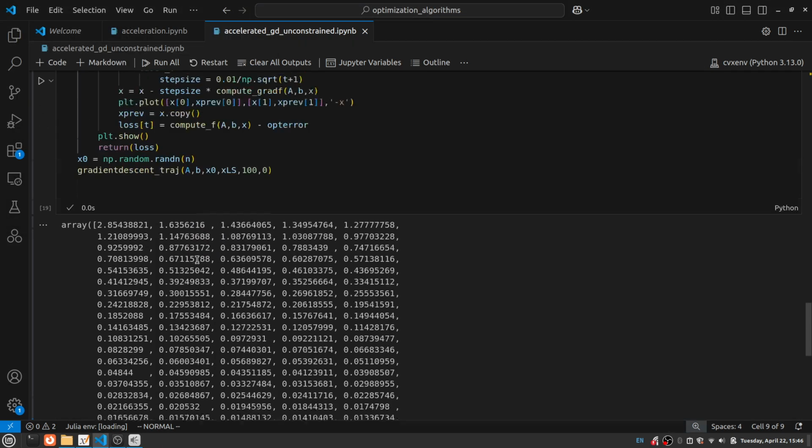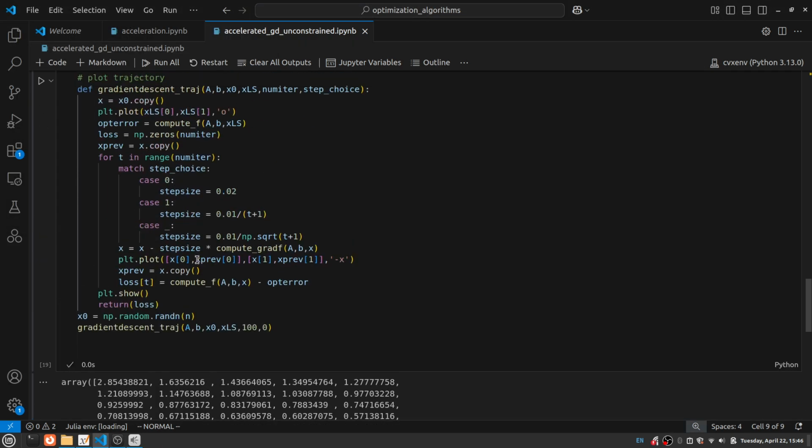Whatever. So this is what gradient descent looks like. This is the trajectory of gradient descent.